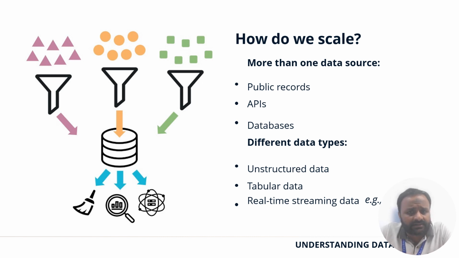What if we are collecting data from more than one data source, and these data sources have different types of data? For example, consider real-time streaming data, which is data that is continuously being generated, like tweets from all around the world. This makes storing this incoming data complicated, because as a data engineer, you want to make sure data is organized and easy to access.